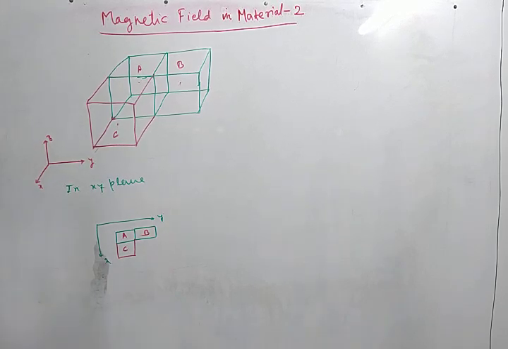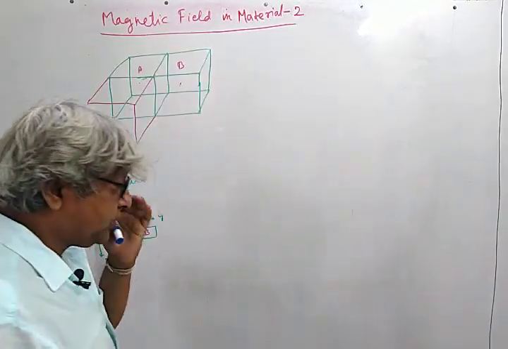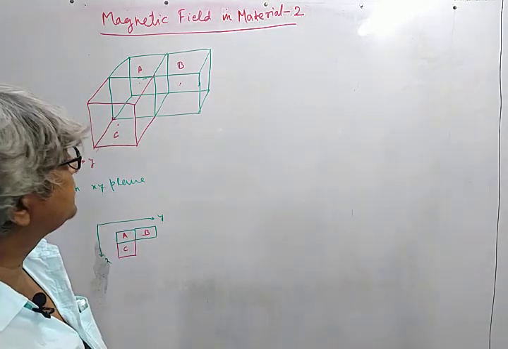In the earlier class, we started our discussion on magnetic field in material medium and introduced the magnetization vector, which is the induced dipole moment per unit volume.